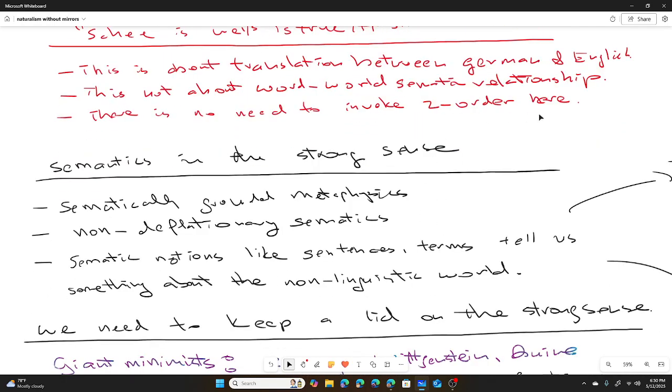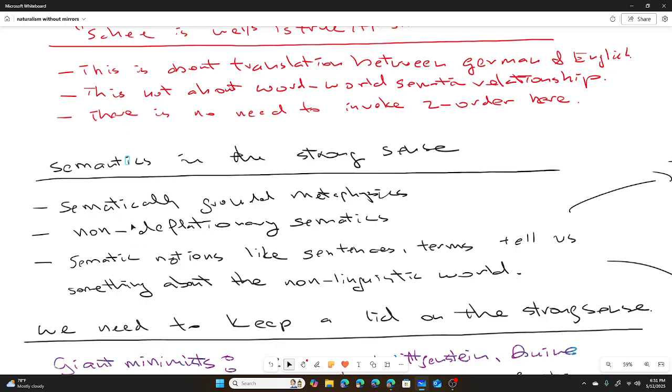So this second order inquiry is very much what the author means by the strong sense of semantics, or semantics in the strong sense, right? Which is the idea that words or terms or sentences can tell us something about the non-linguistic world, the world out there, right?